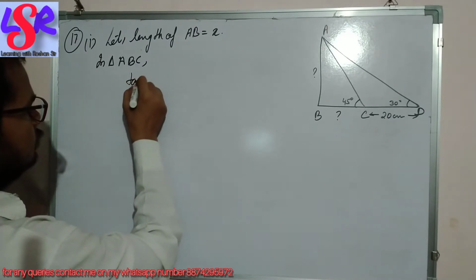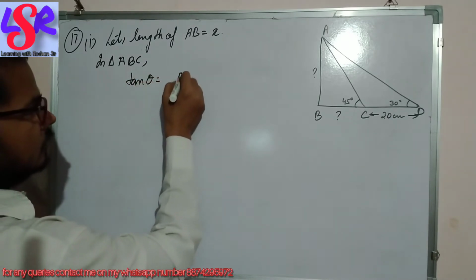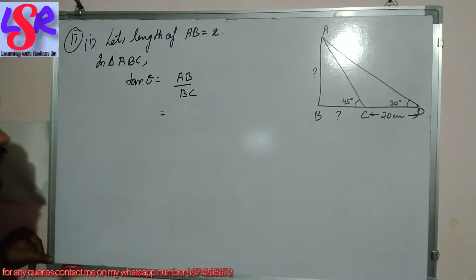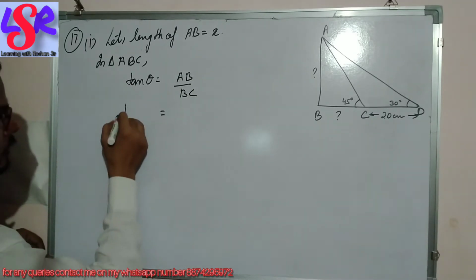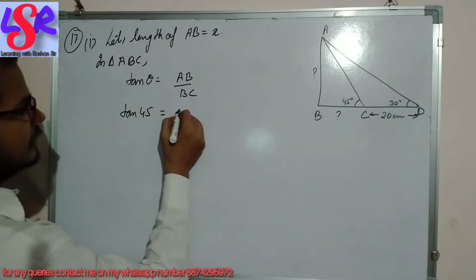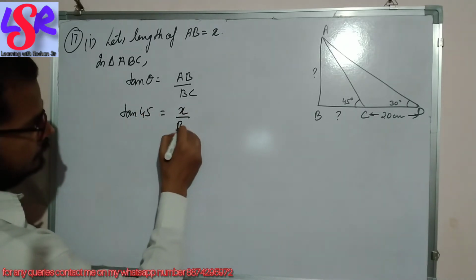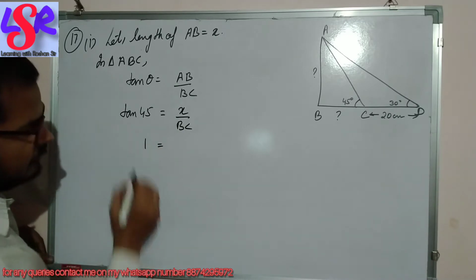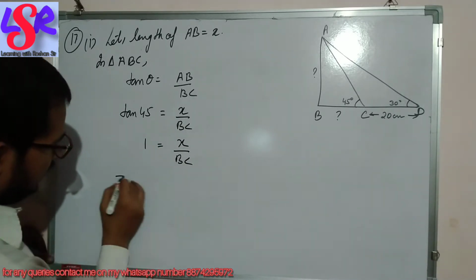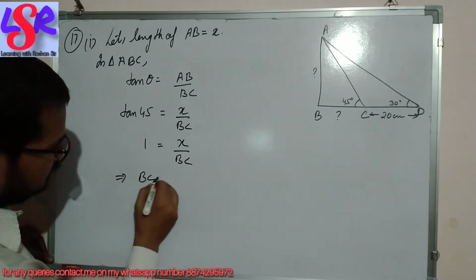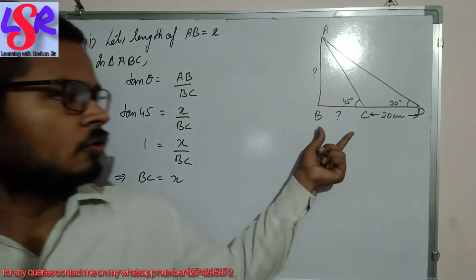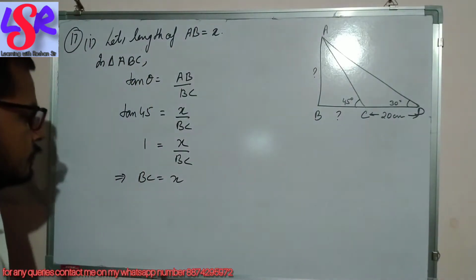So tan theta equals to AB upon BC, and we will have tan 45 equals to AB, that is x upon BC. The value of tan 45 is also 1, so 1 equals x upon BC and that implies BC also equals to x. Now we have the value of both AB and BC as x.